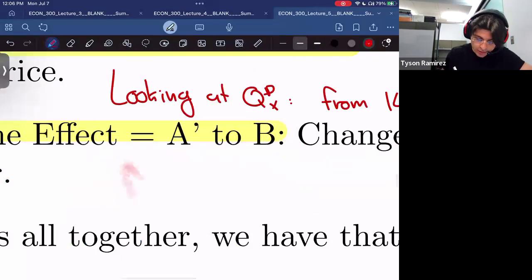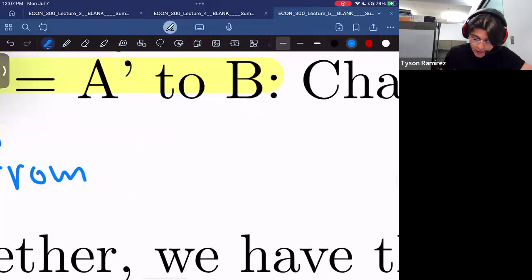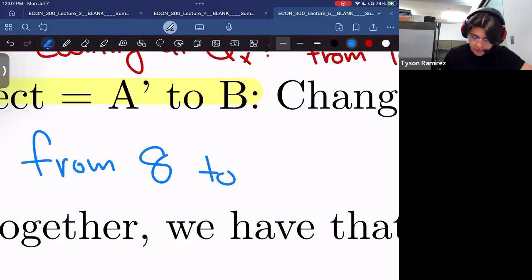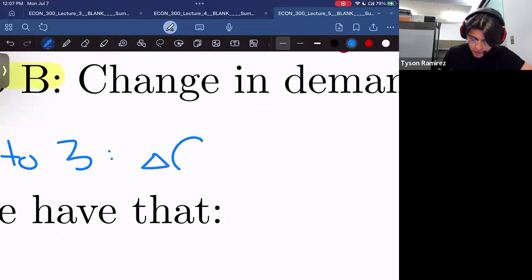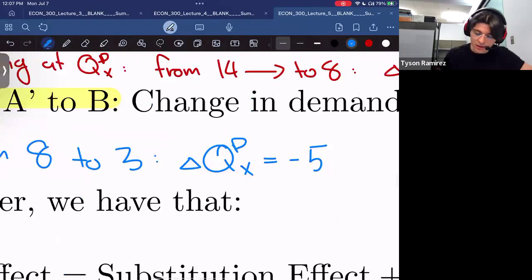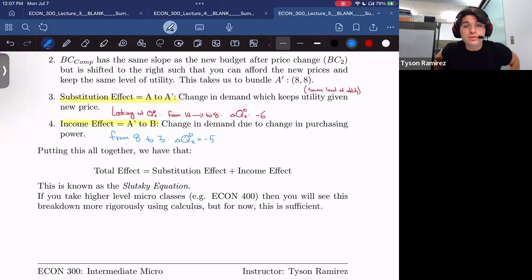So here we went from 8 to 3. The change in quantity demanded of X is equal to -5. Thus, this is how we isolate the substitution effect from the income effect.